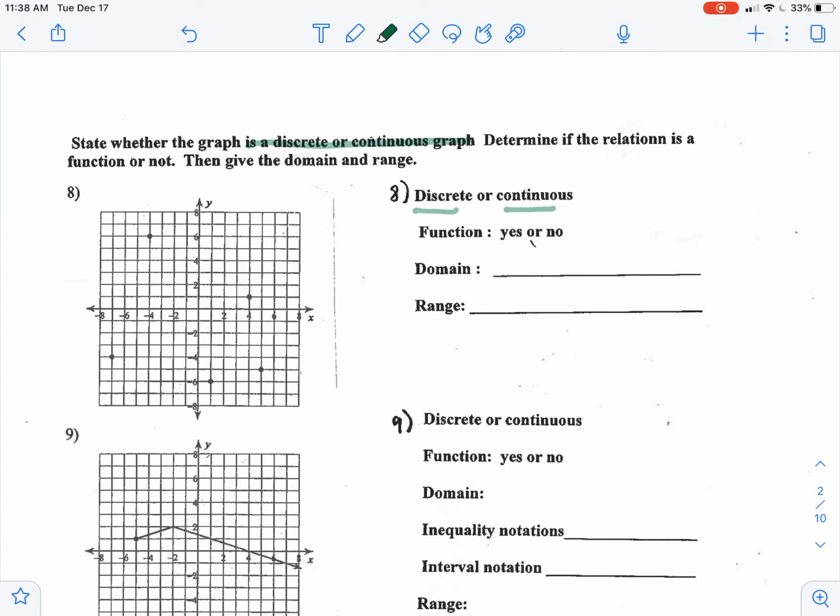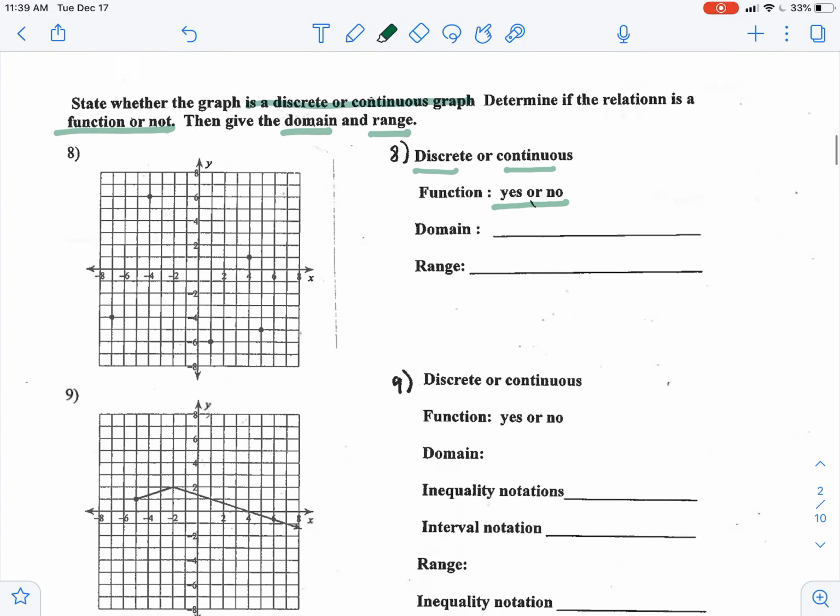The next one is, determine if it is a function or not. So all you need to do is come over and circle yes or no. The last step is you're going to give the domain and the range. Again, remember the definition of domain and the definition of range. Pause and work the problem.